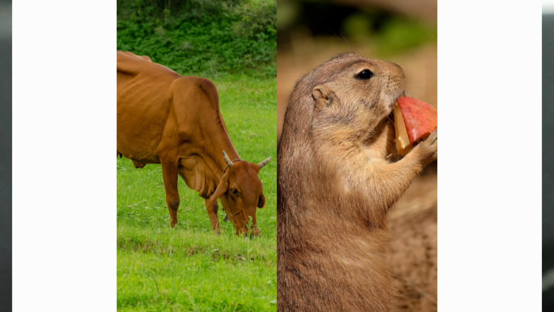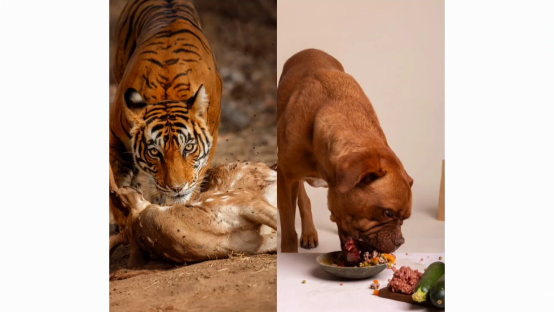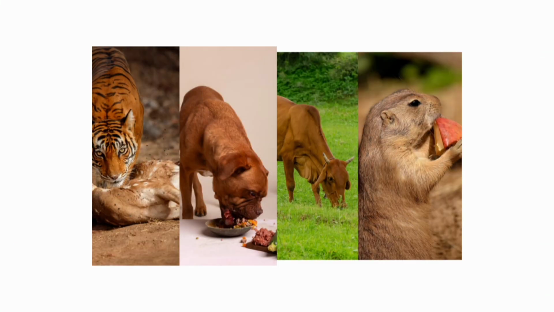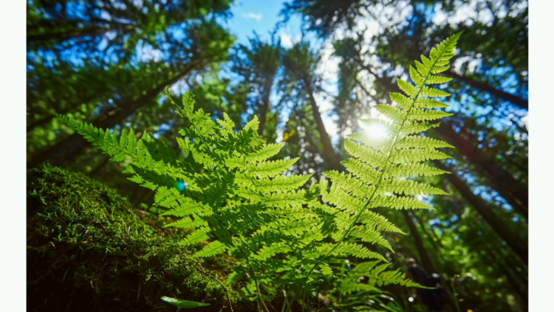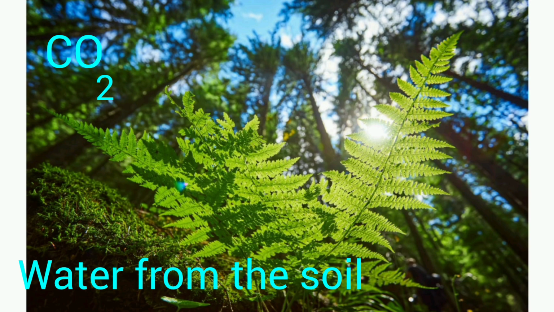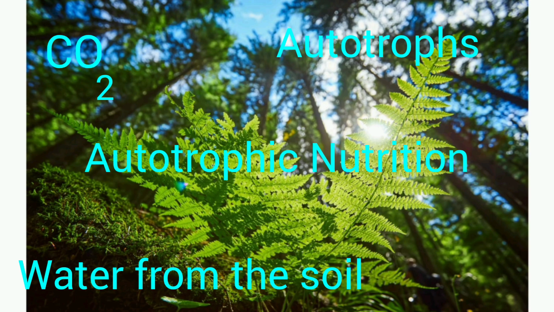All living organisms need food, but the way they get it differs from one organism to another. Some organisms can prepare their own food using simple substances like carbon dioxide and water, and these organisms are called autotrophs, and the type of nutrition they follow is known as autotrophic nutrition.